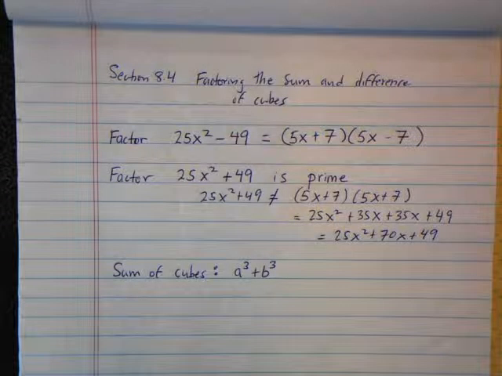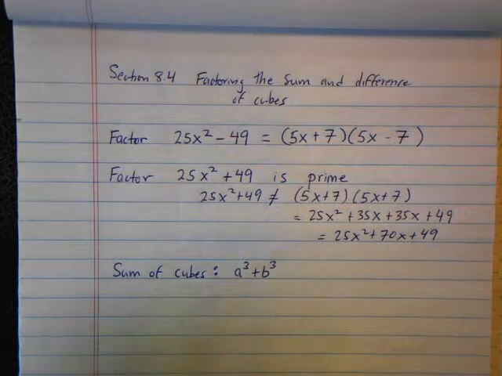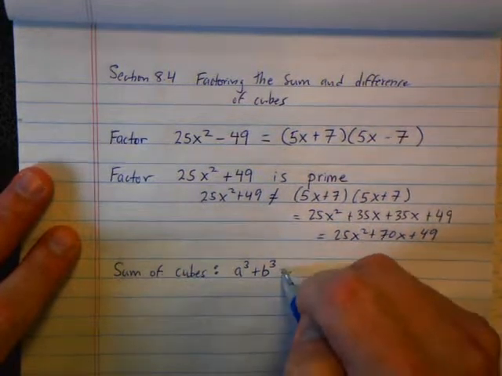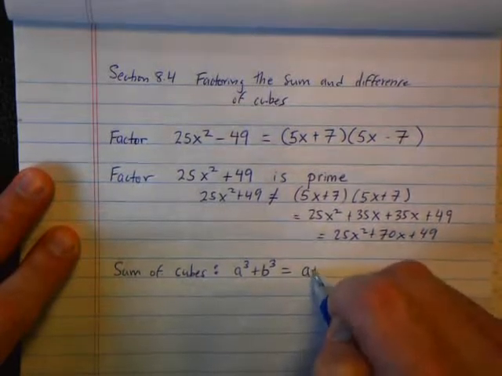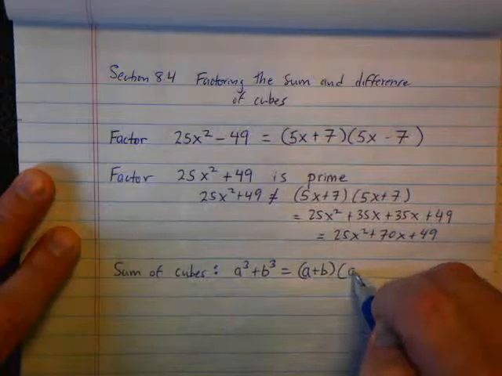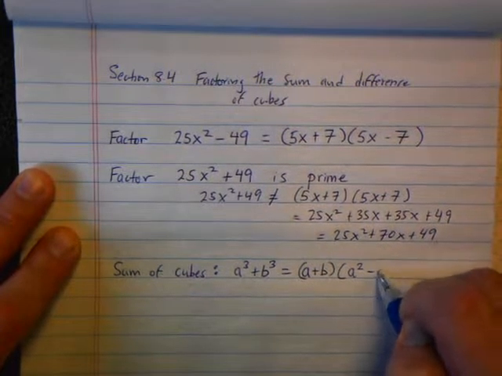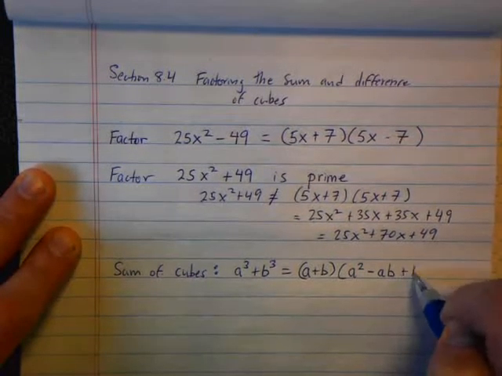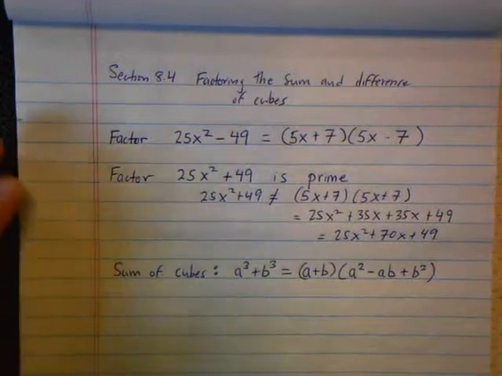So if you have something that's a cube plus something that's a cube, it's going to factor as a plus b, and then the second term will be a squared minus ab plus b squared.